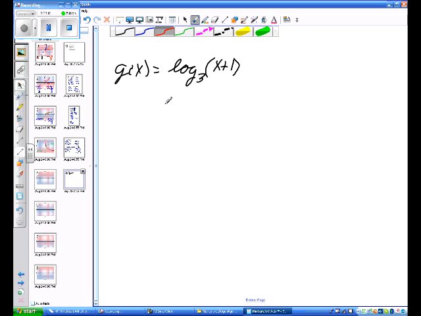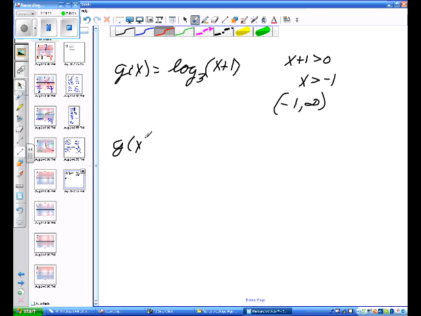And so our domain then would be from -1 to infinity. Another way of doing it is that this value has to be greater than 0, because we've said that this number, whatever it is, has to be greater than 0. So if x plus 1 is greater than 0, then x has to be greater than -1. So our domain would be -1 to infinity.